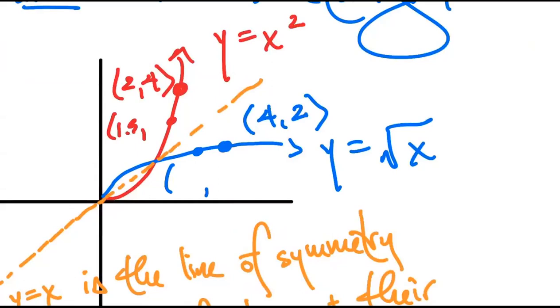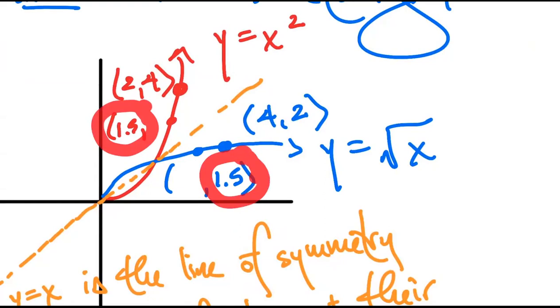Would you know the x value or the y value of that point on the inverse function? Yeah, you would know the y value, right? So if I give you an x value on the original function, you know the y value on the inverse function.